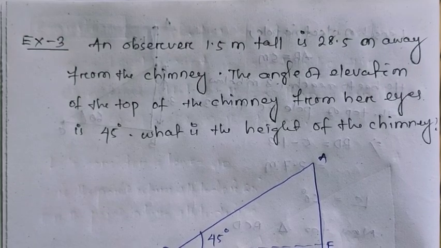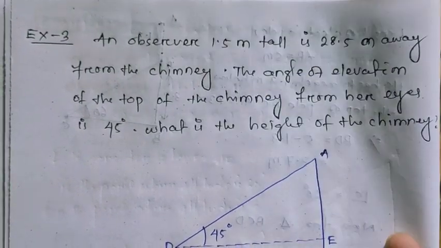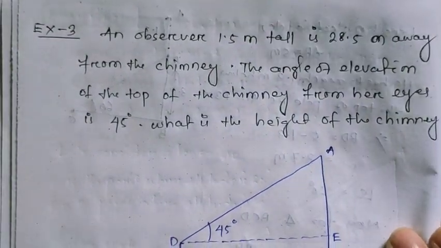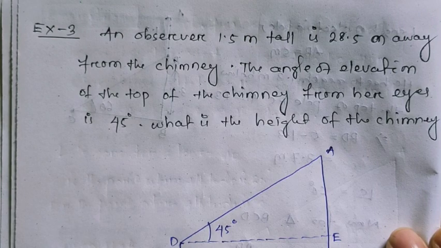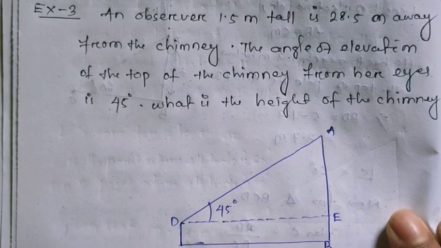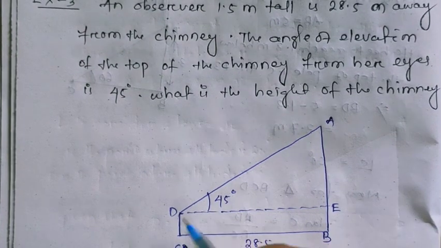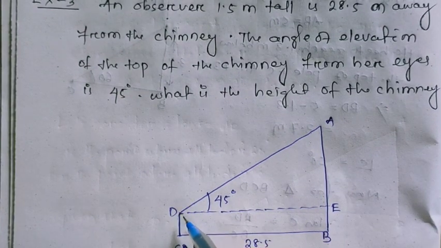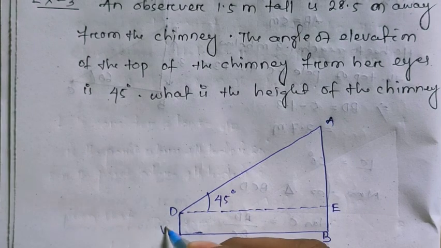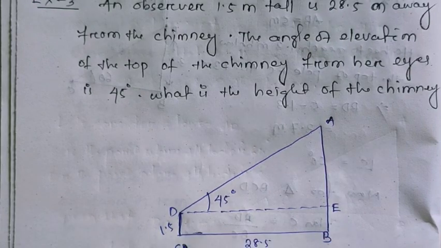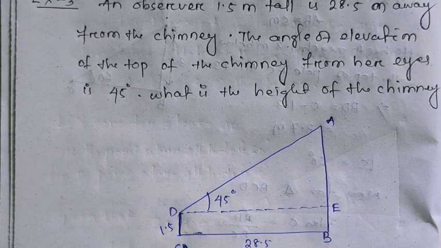And what is given in example number 3? An observer 1.5 meter tall. Right? So let's consider here is an observer CD who is 1.5 meter tall. That is, CD is 1.5 meter tall.